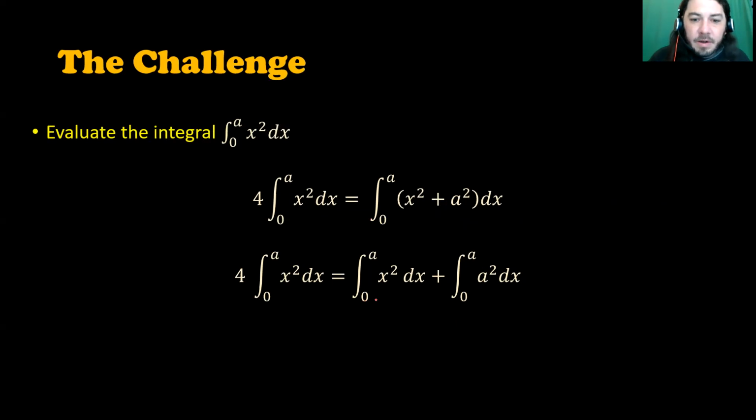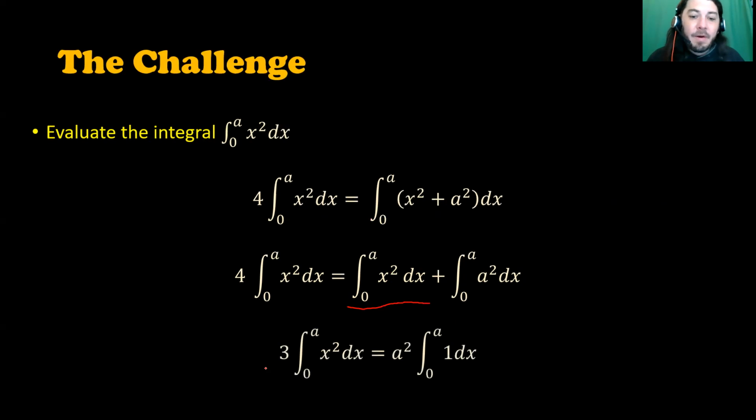So we could subtract this over to the other side. Oh, and so now we've got 3 of our original integrals. And we also took this a squared and factored it out of this integral on the right, so it's a squared times the integral from 0 to a of 1 dx.